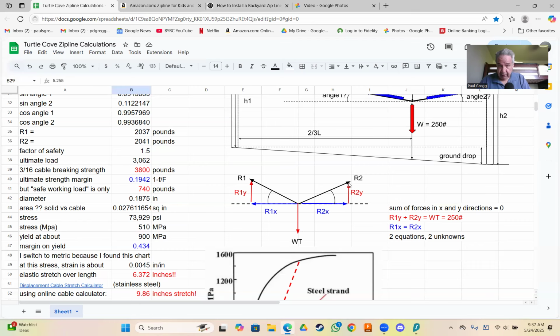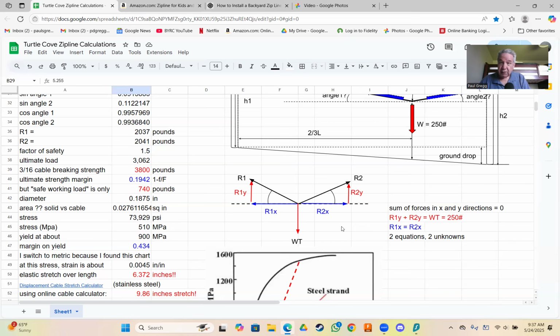Once you know that, you can sum the forces in the y direction and in the x direction, and what you get is R1 in the y direction plus R2 in the y direction, they're going up, they equal 250 pounds. That's what you know. You can make this equation. In the horizontal direction, you know that R1x equals R2x.